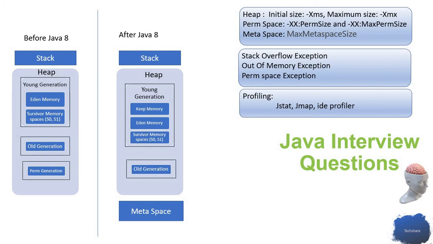Whenever there is any issue, we get the memory dump from the production support team. We study the memory dump to see where the issue is happening, and based on that we fix that particular class or object. That is how we handle memory issues in real time.